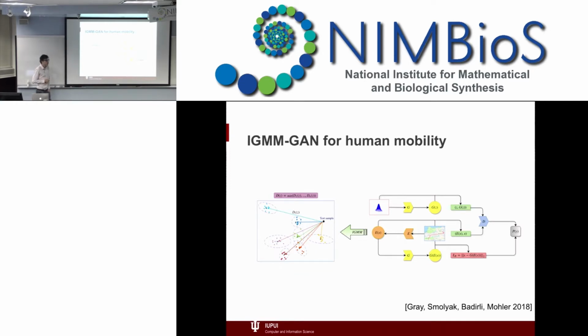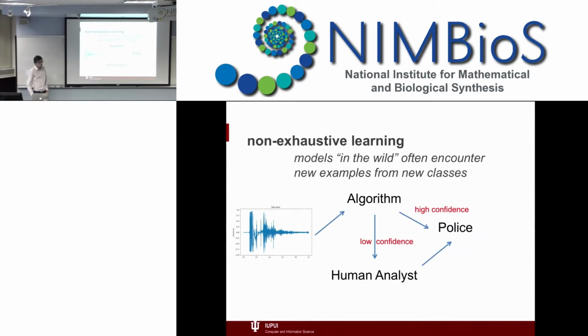Yeah. George, can you go back to the slide where you had ShotSpotter to an analyst? That's fine. So here's what actually happens on the street. There's a shot, and this goes off. It goes to a human analyst. It goes to the police.